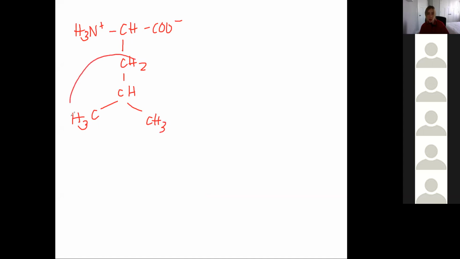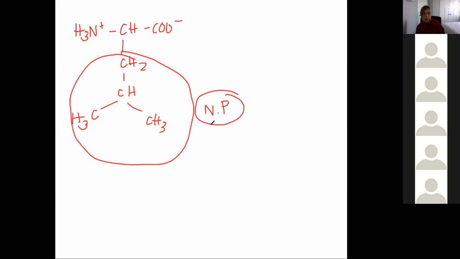So if this is my R group, we're finding a trend here. Is it polar or non-polar? It's non-polar. So do we think this is a basic, acidic, or neutral amino acid? It's non-polar. Neutral.